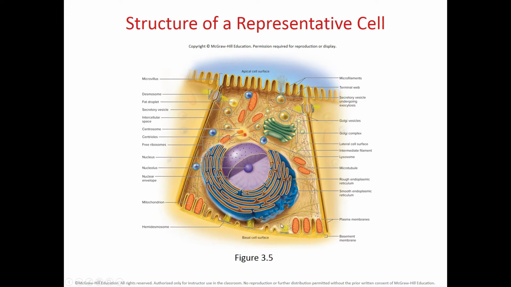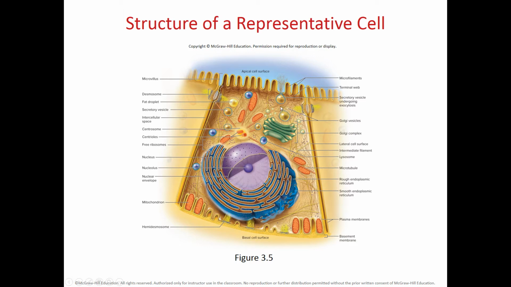And some of these organelles in here, besides the nucleus, are the following. So this is the rough endoplasmic reticulum in here. This is the smooth endoplasmic reticulum. These are mitochondria. This is the Golgi complex or Golgi apparatus. Then you have the Golgi vesicles.